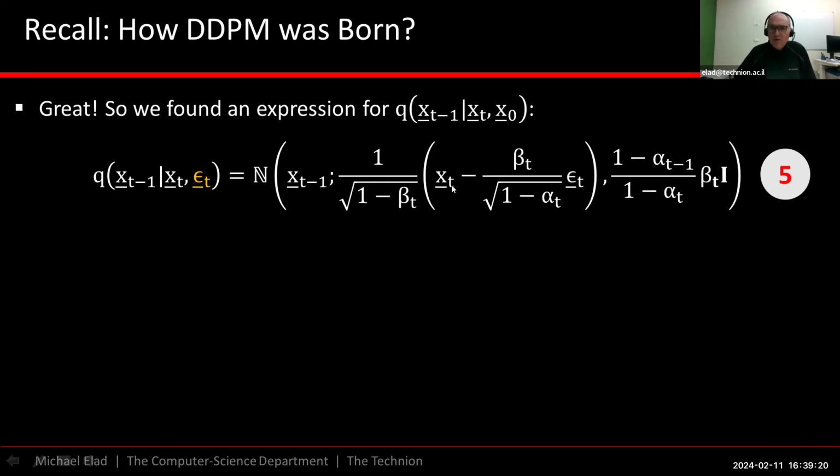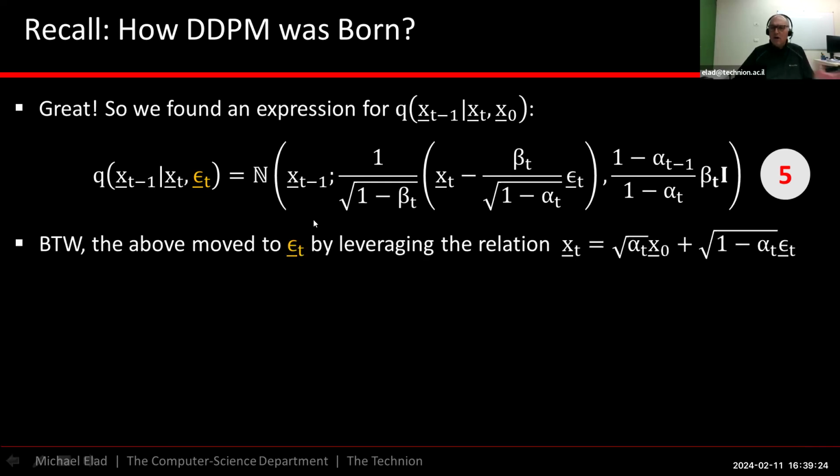This expression here is a combination of xt and epsilon t. I remind you, epsilon t or x0 are interchangeable. One indicates the other because xt, x0, and epsilon are connected this way. So it doesn't really matter if you write here epsilon t or x0, same thing. Lovely. So we had this expression and we started thinking, what can we do with it?